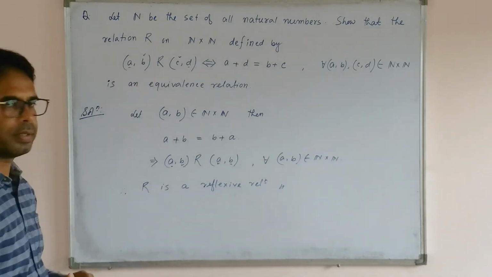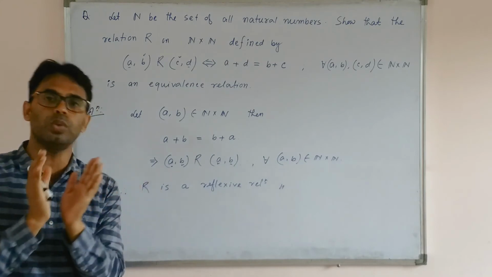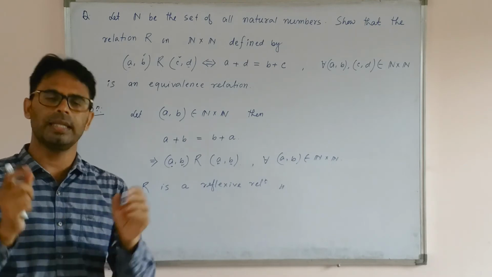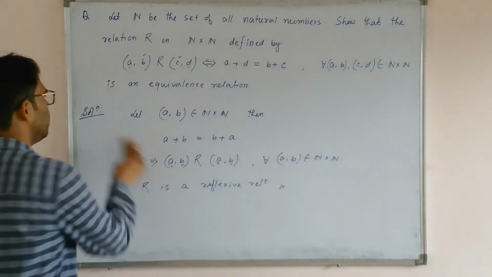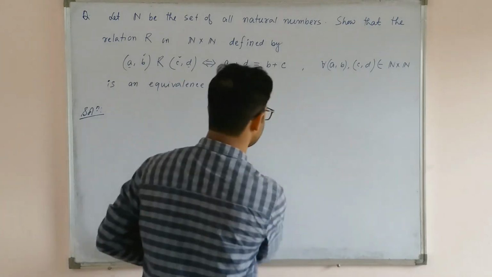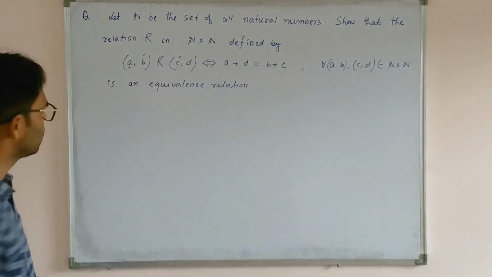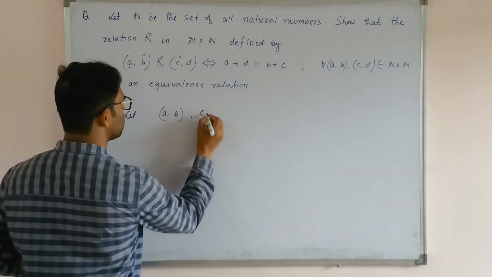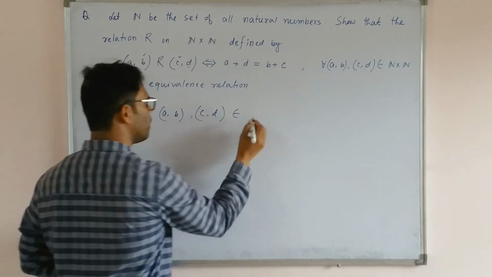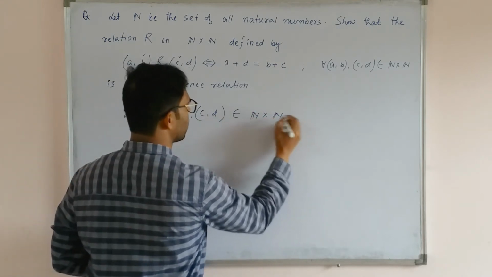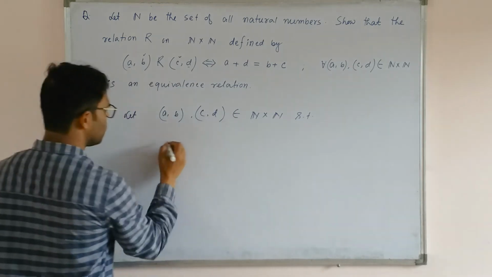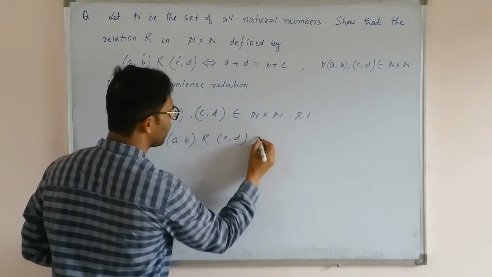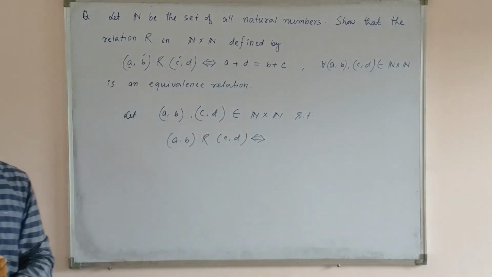Now come to the symmetric part. Symmetric means this time you have to take two elements, which means two ordered pairs, (a, b) and (c, d). Let these belong to the set N cross N such that (a, b) is related to (c, d), and our target is to check whether (c, d) is related to (a, b) or not.